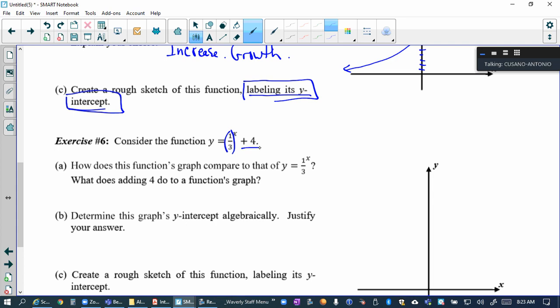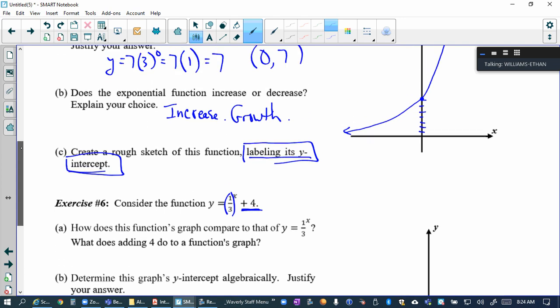It would mean that y-intercept will be 4. Maybe, but in general, which way would the graph be shifted? It would shift up 4.